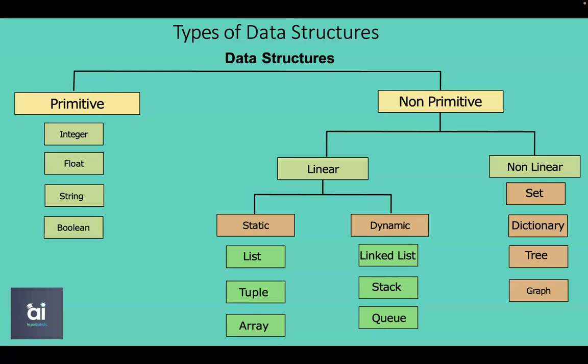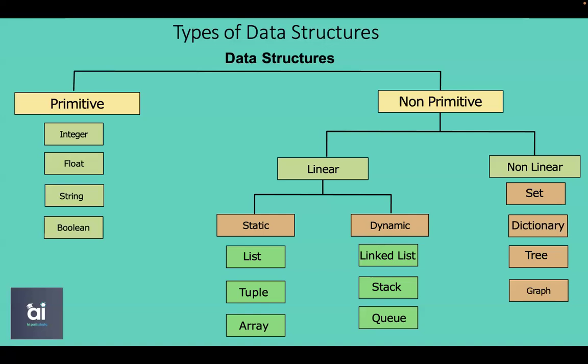We can also subdivide these data structures into built-in data structures and user-defined data structures. Built-in data structures are the ones which come with Python. We don't need to use any external library or create these data structures ourselves. They are built inside core Python.